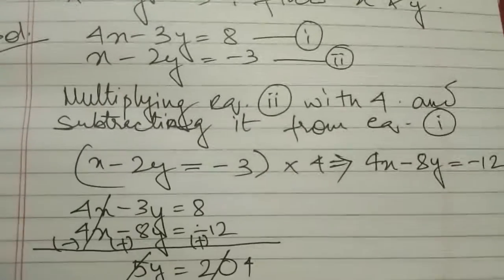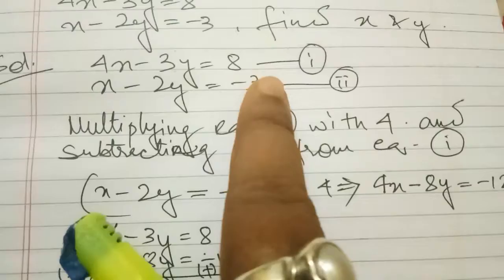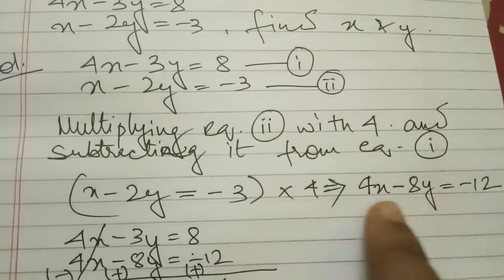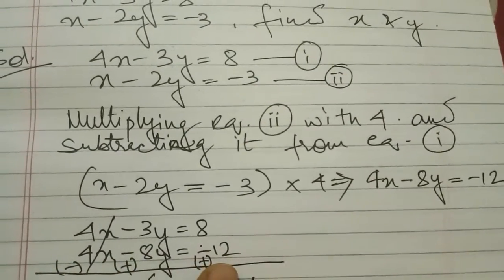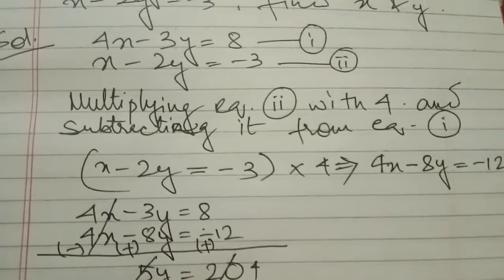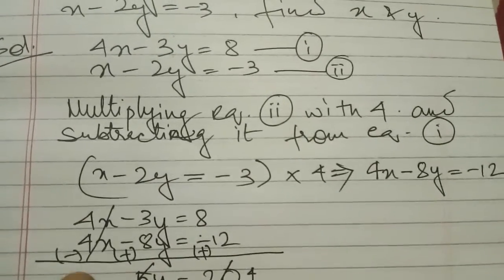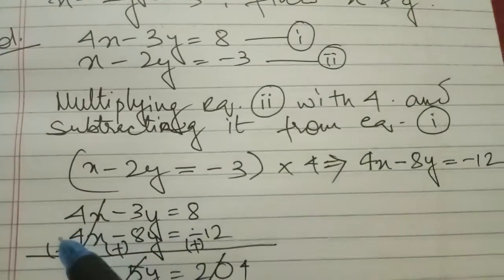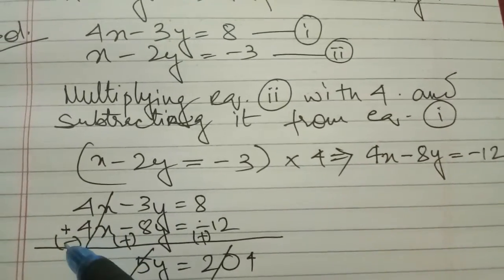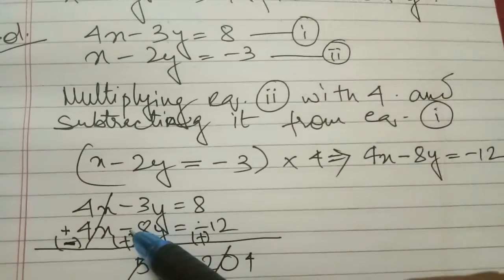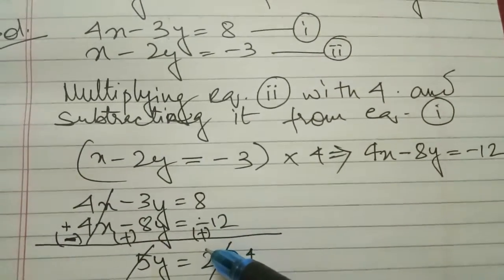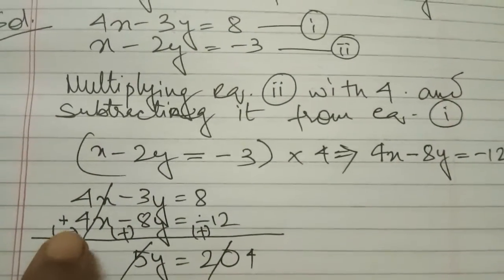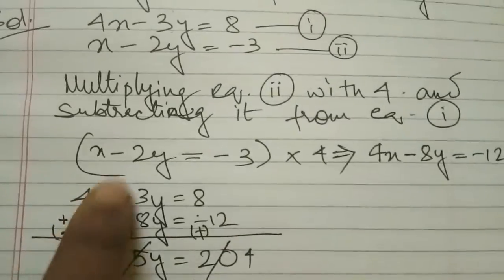Now you have to subtract. First I put equation 1: 4x minus 3y equals 8. Then from this I subtract 4x minus 8y equals minus 12. In subtraction, the signs always change: plus becomes minus and minus becomes plus. So the 4x cancels out.